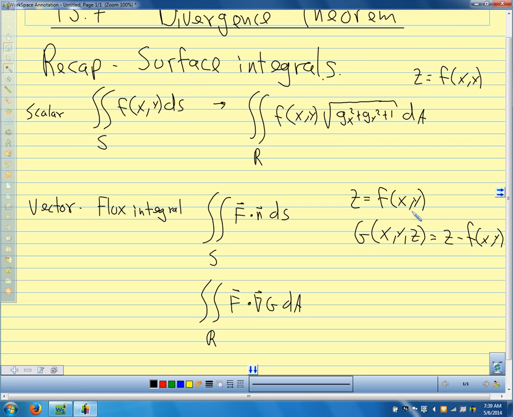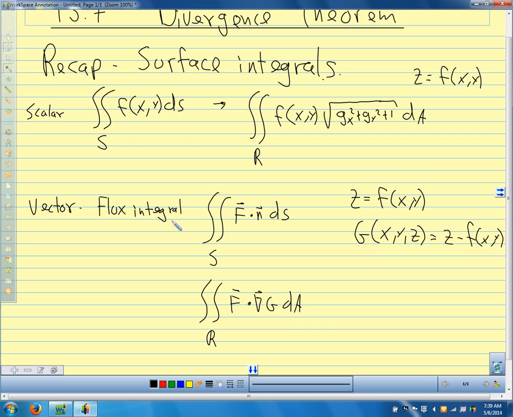All right, so are we good with our little recap of surface integrals? We said we can interpret the scalar integral several different ways. If our function f of x, y is a mass per unit area, then the surface integral gives us the mass of our surface bounded by this region in the xy plane. If it was a charge per unit area, it would give us the total charge on our surface.